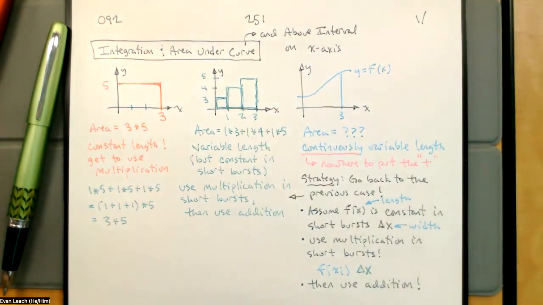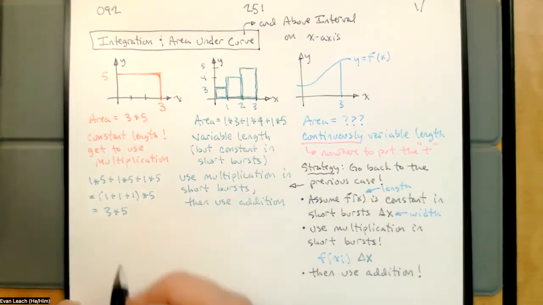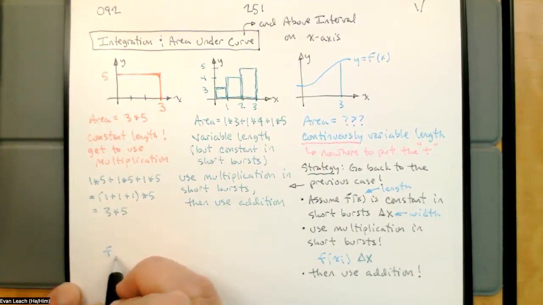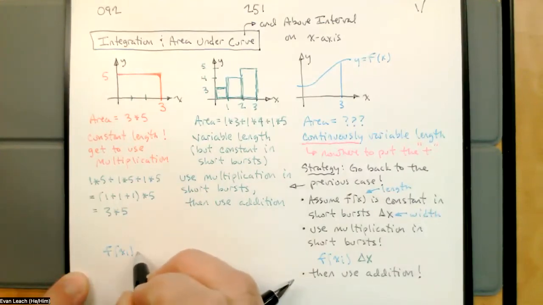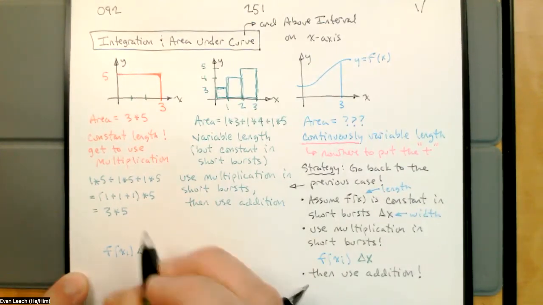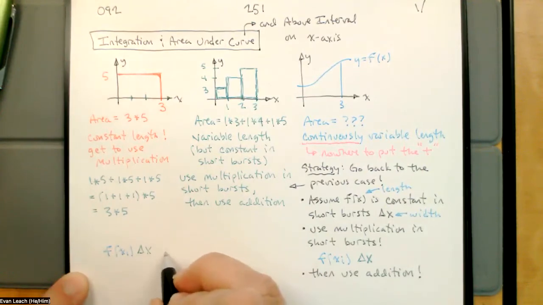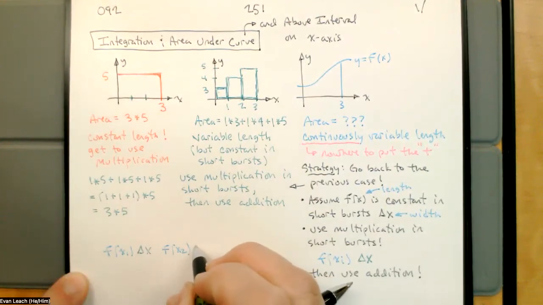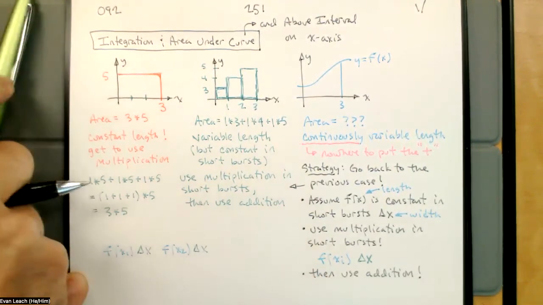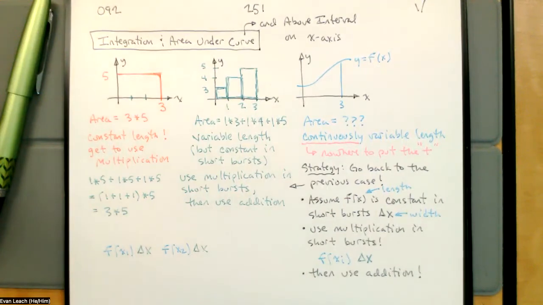So what we're going to have is an f at x1 times the delta x, then an f at x2 times the delta x, and so on until we get to however many rectangles we're making.